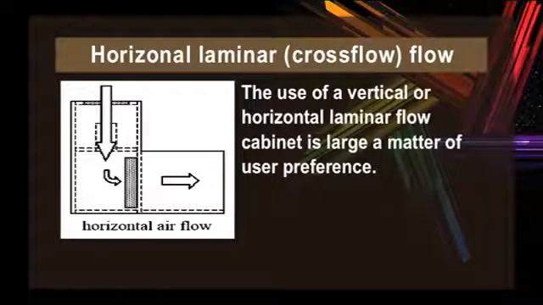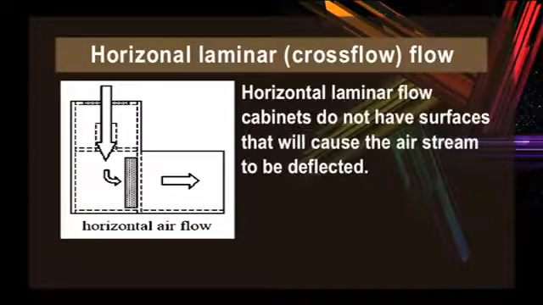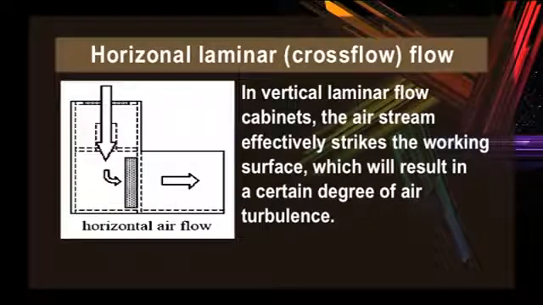The use of a vertical or horizontal laminar airflow cabinet is largely a matter of user preference. However, there are some minor differences to help you in your choice. Horizontal laminar flow cabinets do not have surfaces that will cause the air stream to be deflected. In vertical laminar airflow cabinets, the air stream effectively strikes the working surface, which will result in a certain degree of air turbulence.